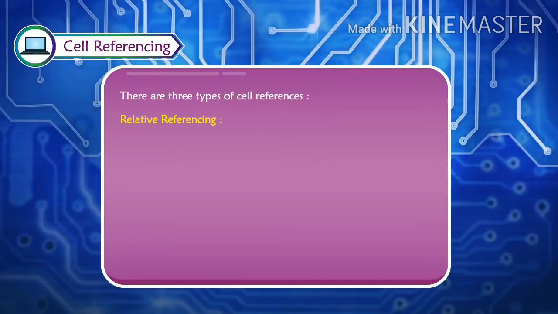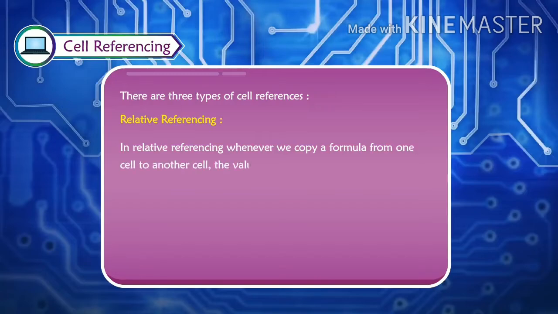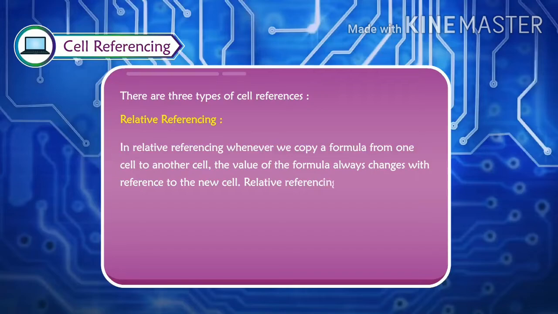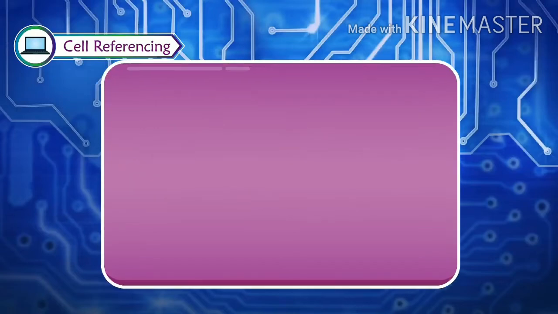Relative referencing. In relative referencing, whenever we copy a formula from one cell to another cell, the value of the formula always changes with reference to the new cell. Relative referencing is very useful when we need to repeat the same calculation across multiple rows or columns.